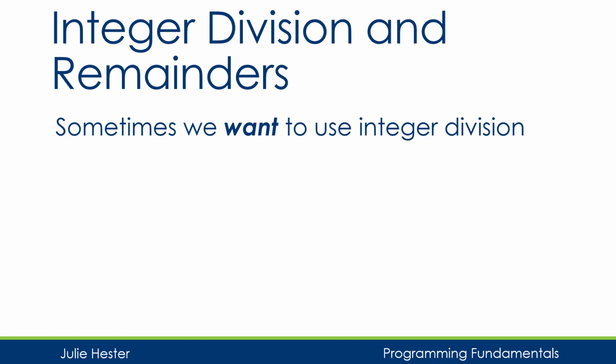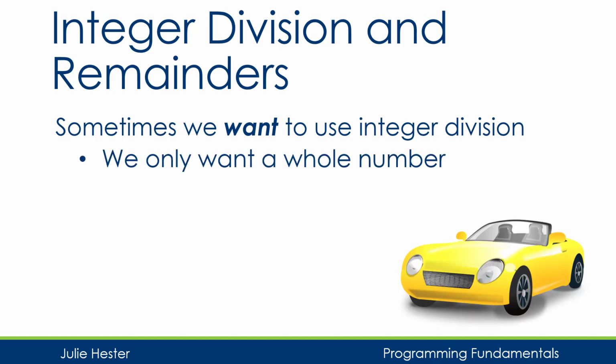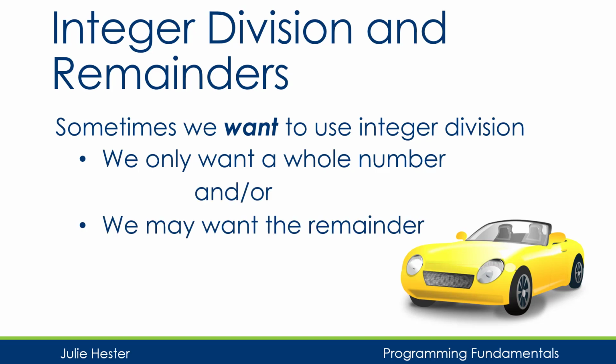So if I'm trying to divide up something where I'm always going to want whole numbers, like say dividing up a fleet of cars, I want to have integer division. I don't want to have 4.9 cars. And there's some situations where I do want the remainder. And that's where the modulo operator is going to help me.